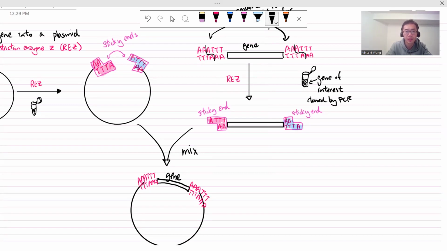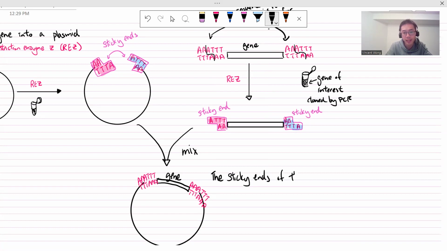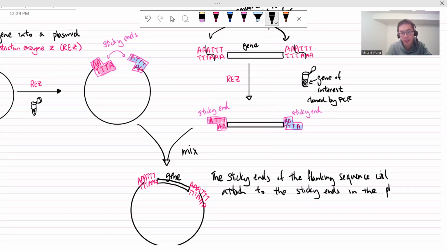So the sticky ends of the flanking sequence on the side of the gene will attach to the sticky ends in the plasmid.